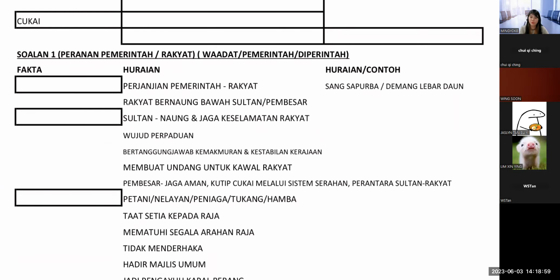Finally, in chapter 1, we end with peranan pemerintah dan rakyat. Peranan pemerintah dan rakyat is under konsep wadat. Remember? So the first one is konsep wadat. Konsep wadat, maksud. What is the maksud?